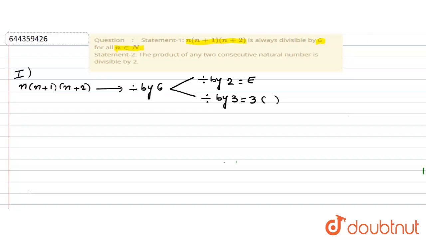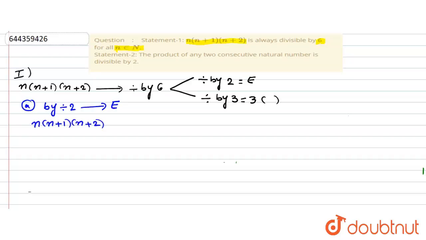So let me check first whether it is an even number or not. Here I am checking whether n into n plus 1 into n plus 2 is divisible by 2, that is, whether it is even or not. Here n is a natural number.